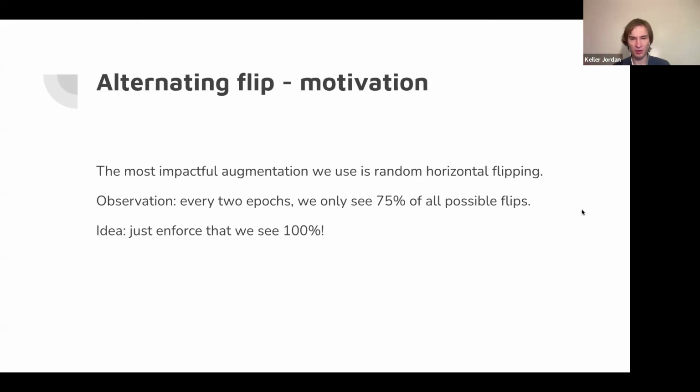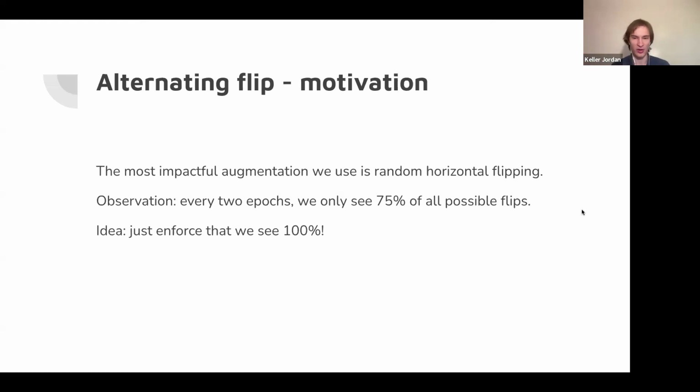If you do flipping as normal, then in 2 epochs, half of your images are going to be flipped the same way both times, and half are going to be seen 2 different ways, whether it's not flip, flip, or flip, not flip. So overall, you're only going to get 75% of all possible unique inputs to training.